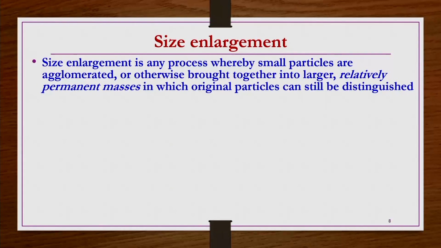First, let us see what size enlargement is. It is any process whereby small particles are agglomerated or otherwise brought together into larger, relatively permanent masses in which the original particles can still be distinguished. When you do this, you take a few particles and do an agglomeration process so that you can have bigger particles comprising such small particles.